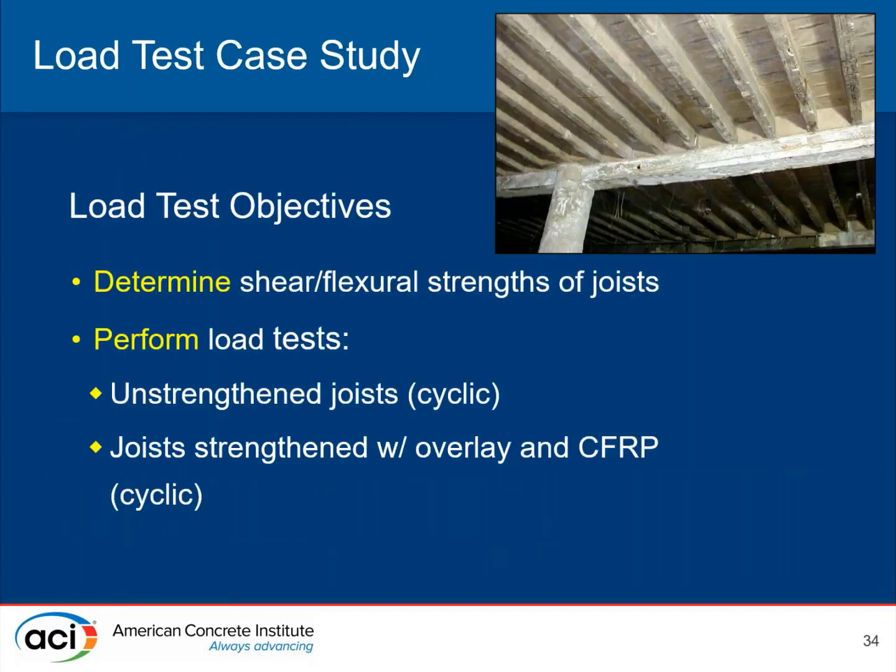So the load test objectives, as indicated in this case study, were to determine the shear and flexural strength of the joists, and then perform cyclic load tests on both the unstrengthened joists and the joists strengthened with the overlay and carbon fiber reinforced polymers.